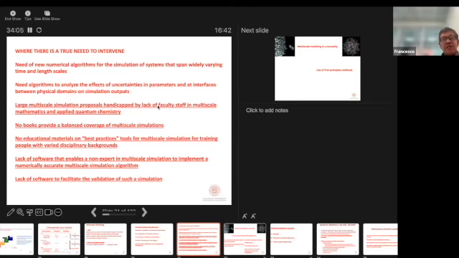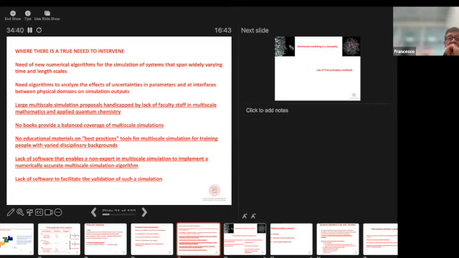what is really needed are people, faculty, staff, or people in the industry that are able to understand the mathematics and the applied quantum chemistry that is at the basis of all the simulations. As far as I know, there is no real book that deals with all these time scales and length scales, perhaps because we need people like you who discuss them more properly and in a wider context.